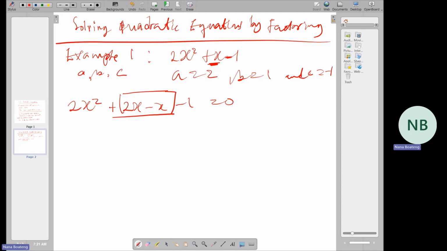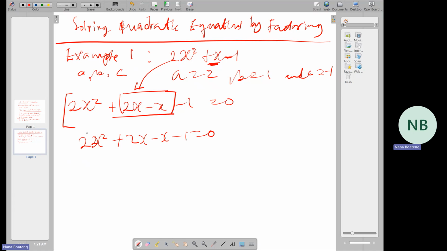If we rewrite this equation in this form, then we can factorize. So we have 2x squared plus 2x minus x minus 1 is equal to 0.